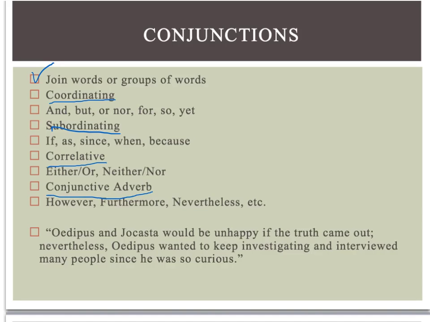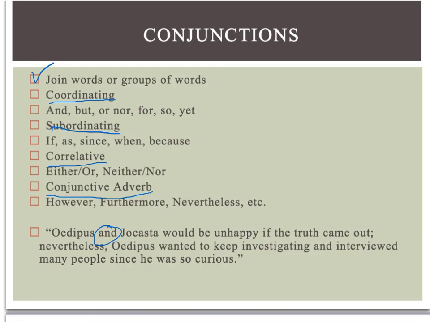The first one is right here at the beginning, Oedipus and Jocasta, and is a coordinating conjunction. Oedipus and Jocasta are of equal importance in that sentence. Their value is balanced. Those are two proper singular nouns that are working together as the subject of the sentence.